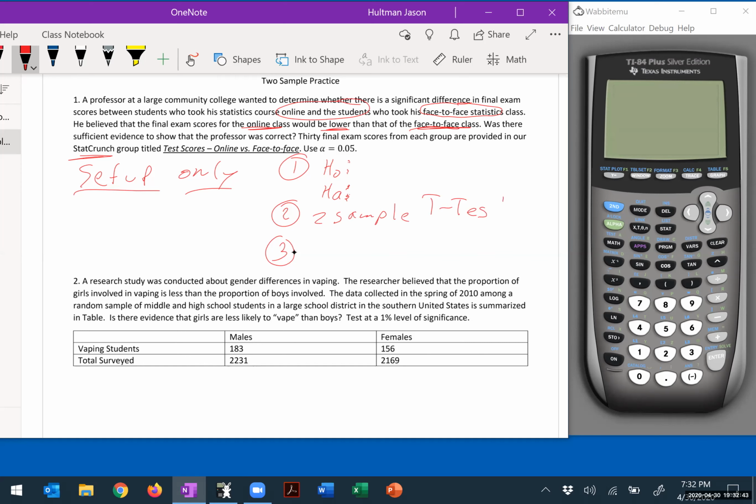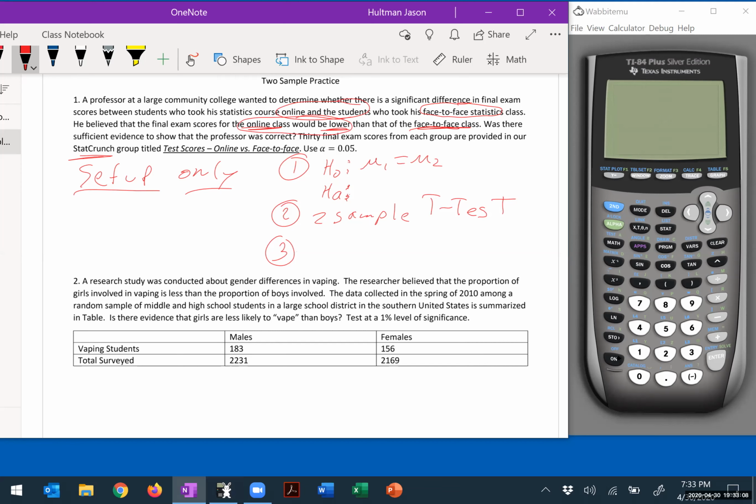And so it's going to be mu1 is equal to mu2. That's my null. And we want to know if there's any difference, right? Where does that say? We believe the final, oh no, not difference. We believe that the final exam scores would be lower than that in the face-to-face.